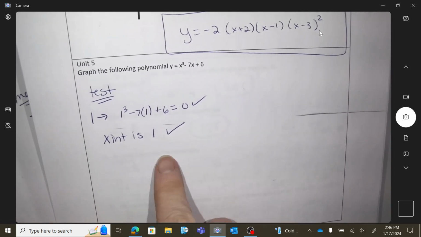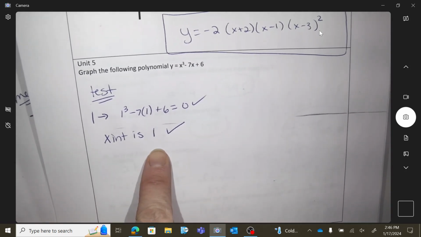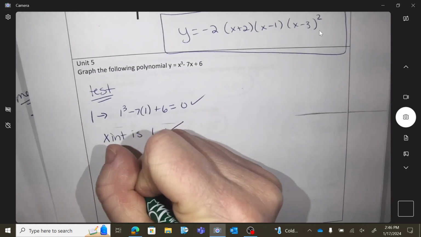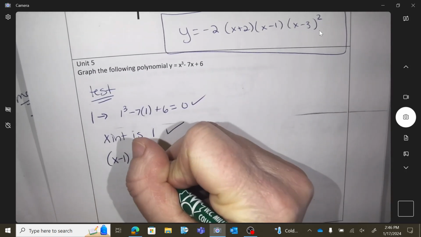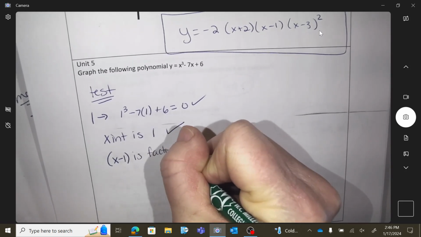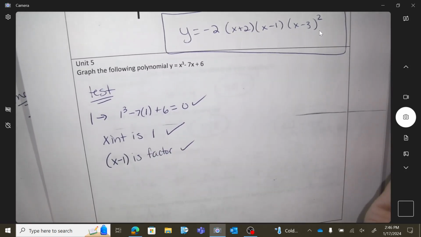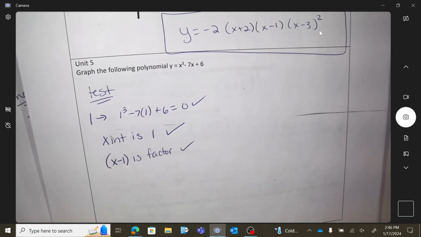So what do I know? I know that there's an x-intercept at 1. What are some other things I know? X minus 1 is a factor, right? So those are some things I know. Where do I go with that info though?